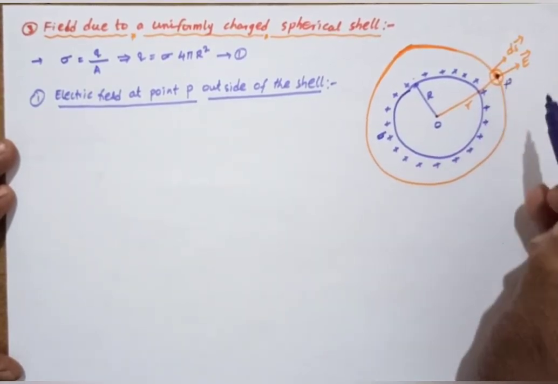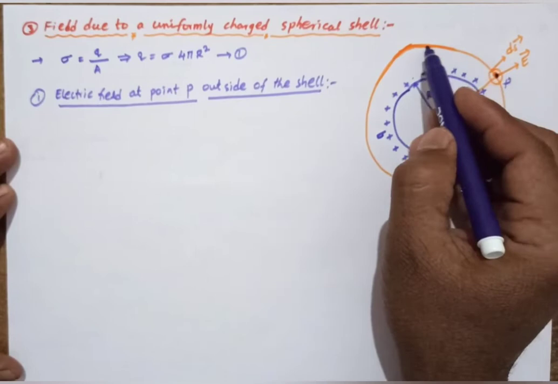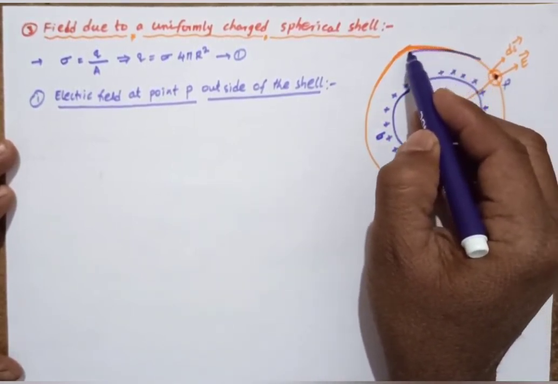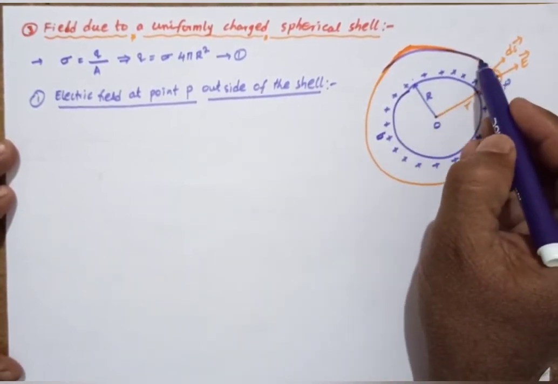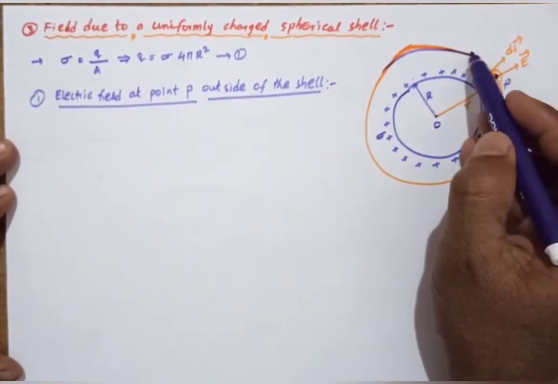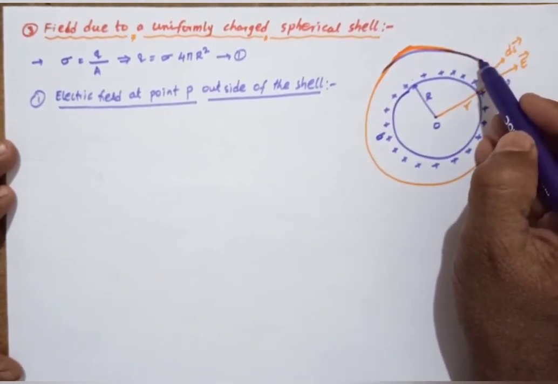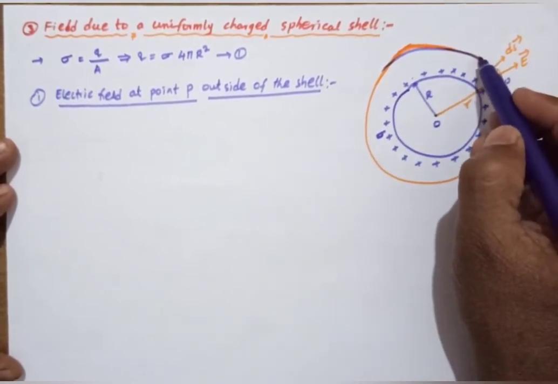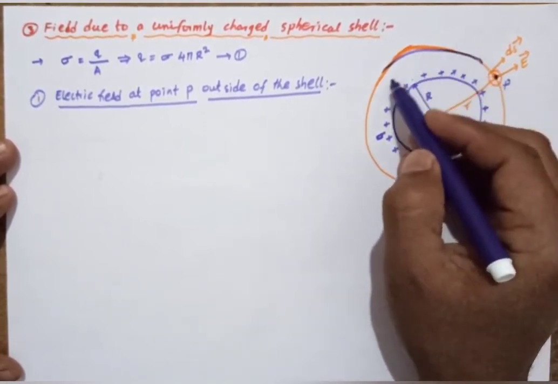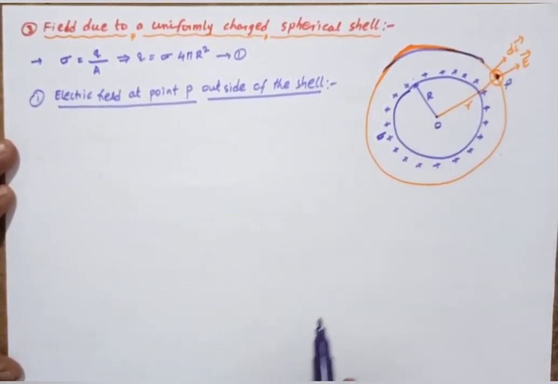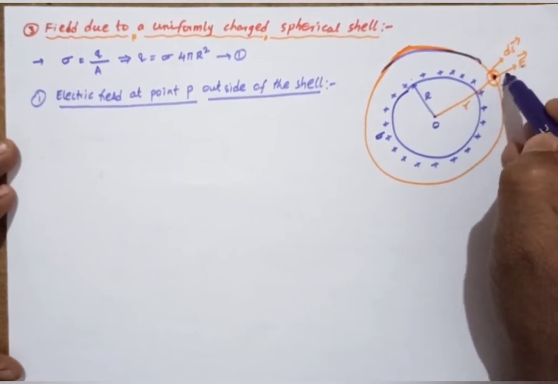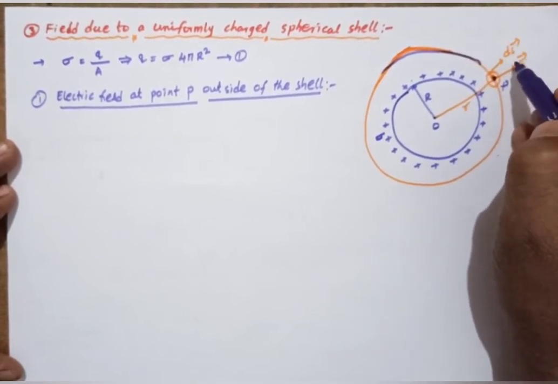Here, at the point P, we can imagine a spherical shape of Gaussian surface. The Gaussian surface is a spherical shape that passes through the point P. At point P, the electric field direction and the surface area ds are in the same direction, parallel to each other.